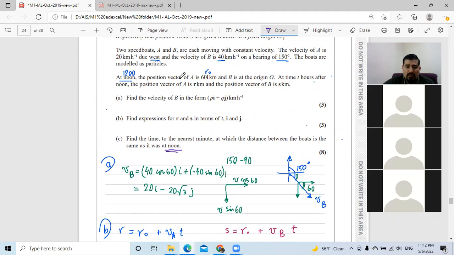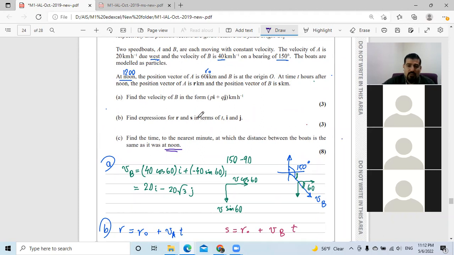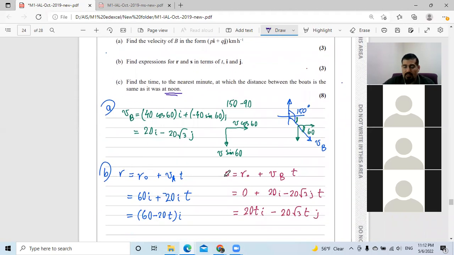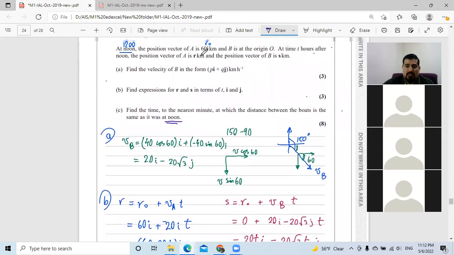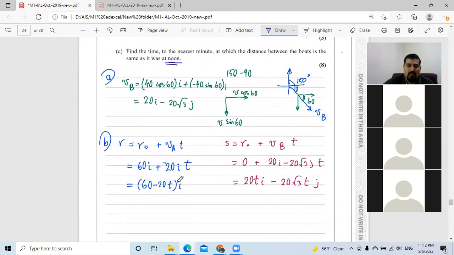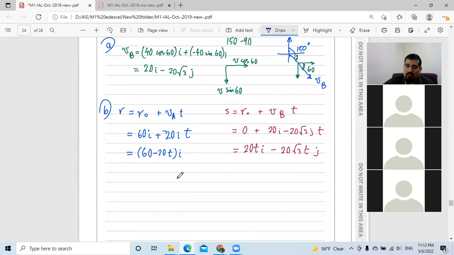That means at noon, the distance between them was 60. So when I take the difference between the final position for A and the final position for B, the distance is supposed to be 60 kilometers. I get two values, one 0 and another value.